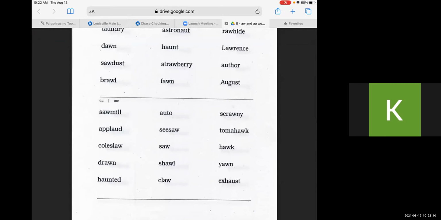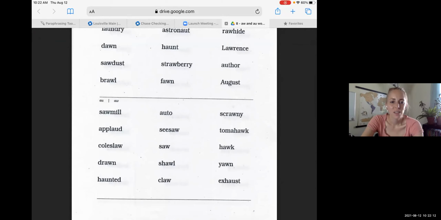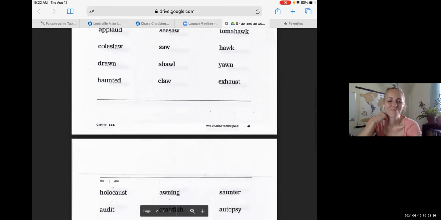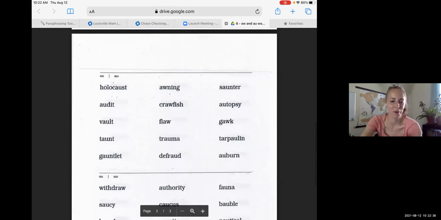Or is it coleslaw? Because it's the vowel consonant E. Yeah, it's that vowel consonant E. So we get the long O. Coleslaw. Okay, keep going. You're doing great. The rest were perfect.